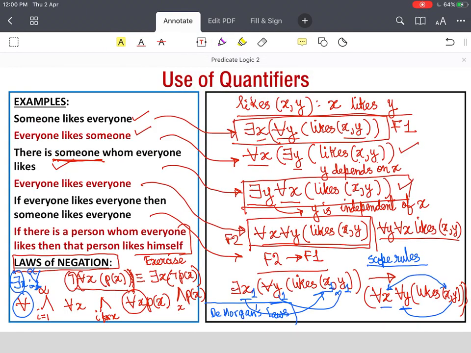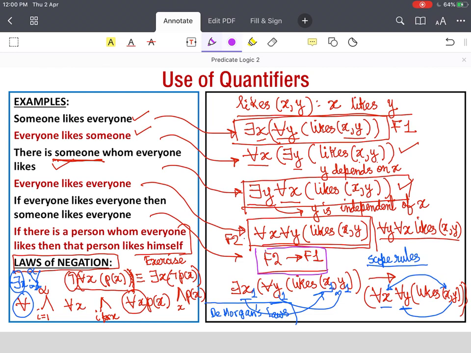Sorry, just before I complete this, I went back and saw that there was a small typo in this one. When I said that F2 implies F1 is if everyone likes everyone, then someone likes everyone.